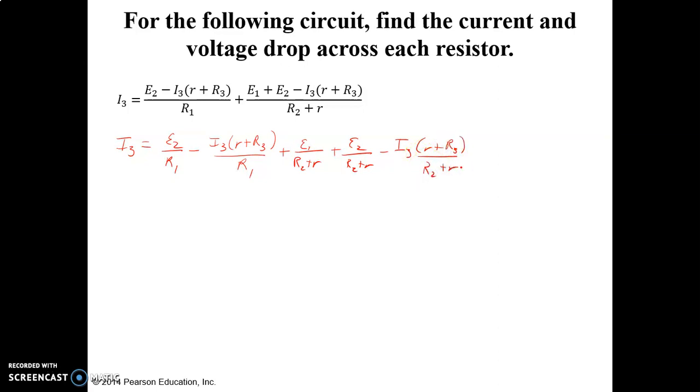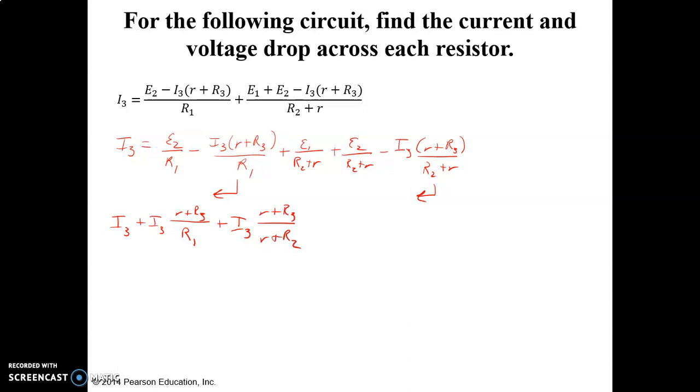R. The reason we want to do that is now we can take these I3 terms and add them over to the other side. So I3 plus I3 times R plus R3 over R1 plus I3 times R plus R3 over R plus R2.